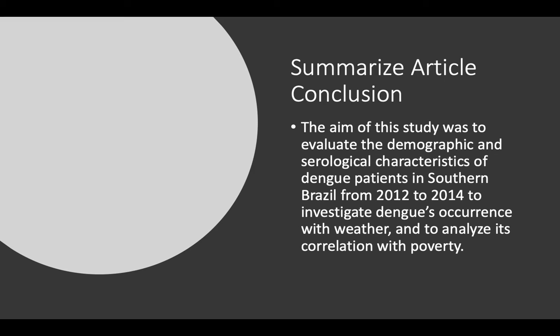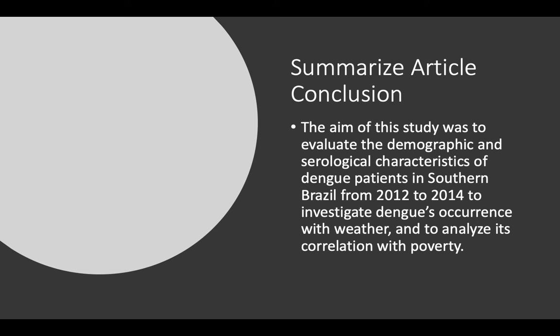Conclusion. The aim of this study was to evaluate the demographic and serological characteristics of dengue patients in southern Brazil from 2012 to 2014, and to investigate dengue's occurrence with weather and to analyze its correlation with poverty.